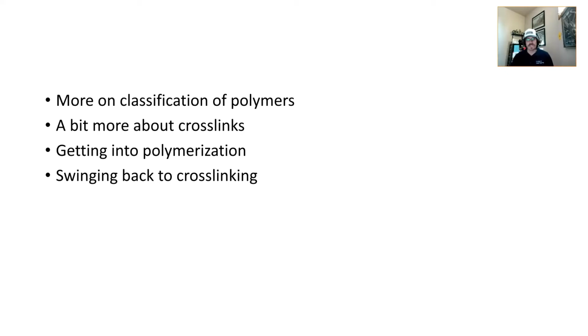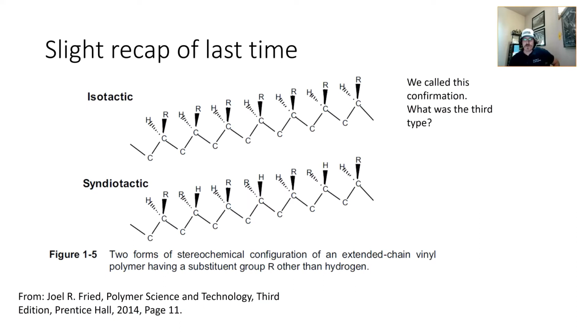We're going to get into polymerization, and we might swing back to cross-linking as this lecture comes to an end. Kind of a recap of what we've talked about previously, and it might not have exactly been last time because we've talked a little bit about the uses of polymers, and I mixed up some of the lectures, some of the topics a little bit, but it's okay.